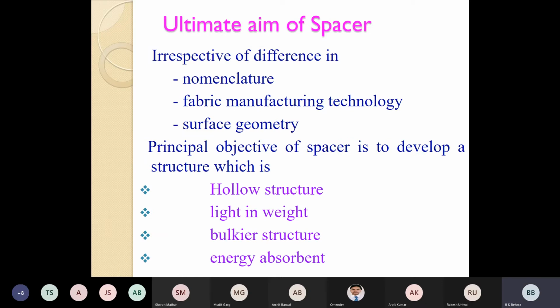Ultimate aim of spacer. Irrespective of difference in nomenclature, fabric manufacturing technology and surface geometry, as we discussed all these three, the principal objective of spacer is to develop a structure which is hollow, light in weight, bulkier and energy absorbent.